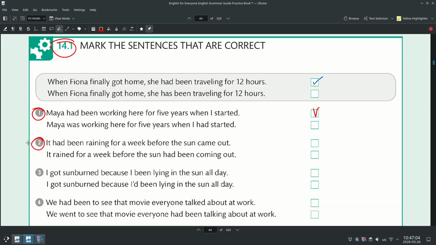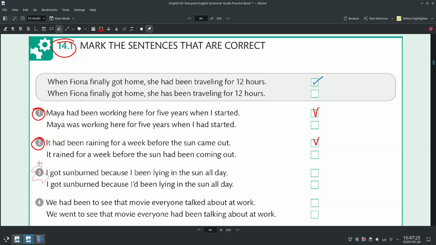Number 2. It had been raining for a week before the sun came out. Or, it rained for a week before the sun had been coming out. Of course, the first one. It had been raining for a week before the sun came out.